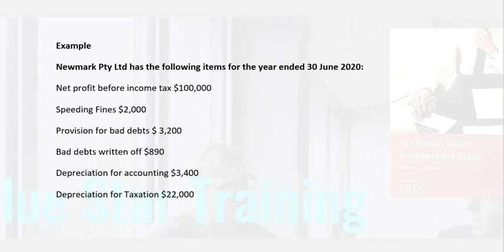Speeding fines, non-deductible for tax purposes, $2,000. An accounting provision for bad debts, $3,200. Actual bad debts written off, $890. Depreciation for accounting, $3,400, and depreciation for tax, $22,000.